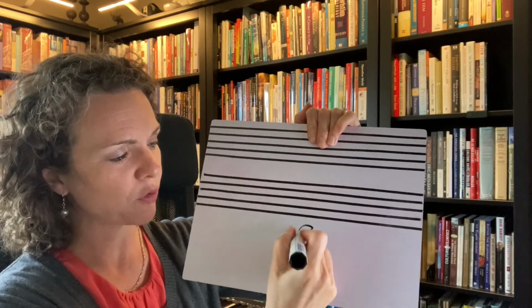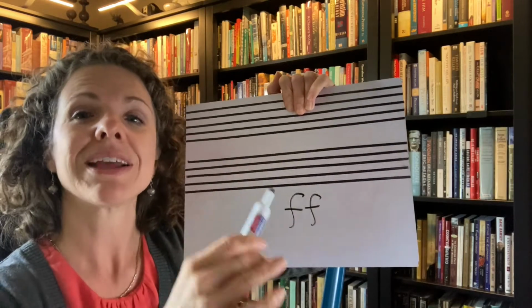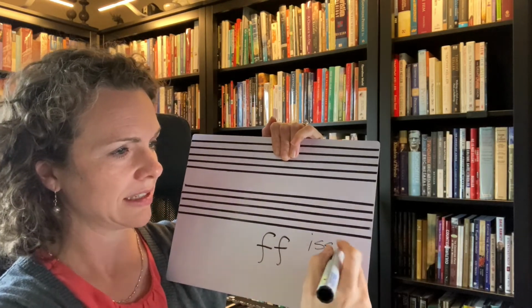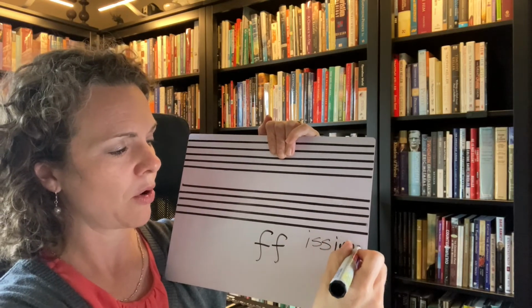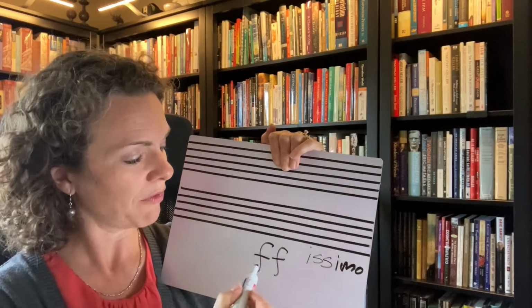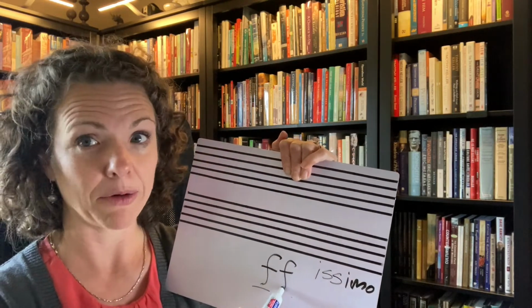2 new dynamics. When you have 2 F's, we say that word in Italian, 1 F is forte. So the second F, we say fortissimo, okay? I-S-S-I-M-O. Issimo means very. So if F means loud, this is very loud, okay?